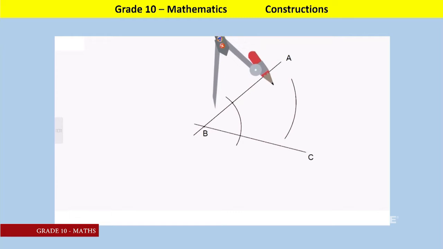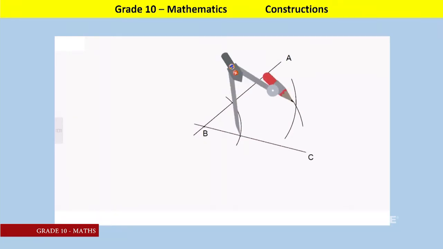Just in the same way, don't change the radius, keep the steel point on the other new point, draw an arc. 2 arcs intersect at a point. Now, here we found a new point, join B and the new point. That is the bisector of the angle B, or that is the angle bisector of ABC.